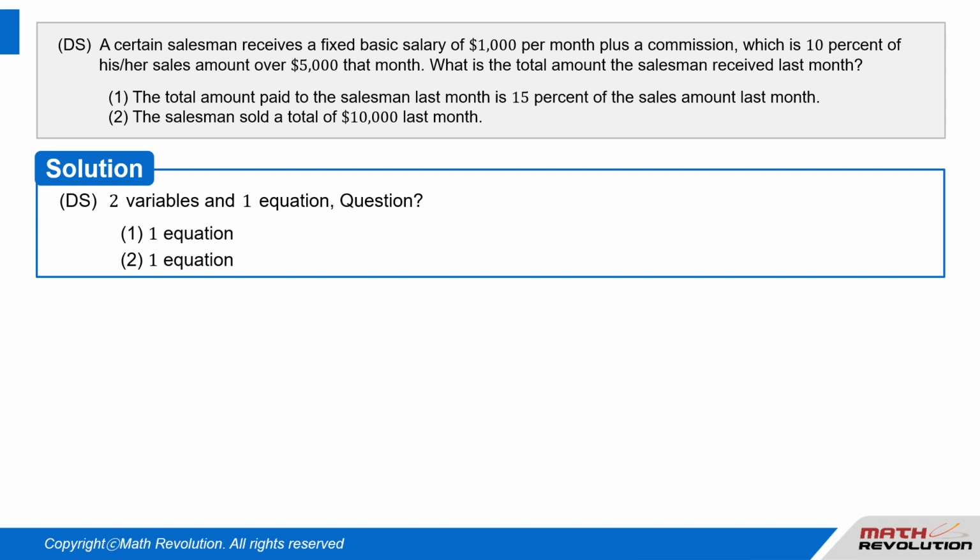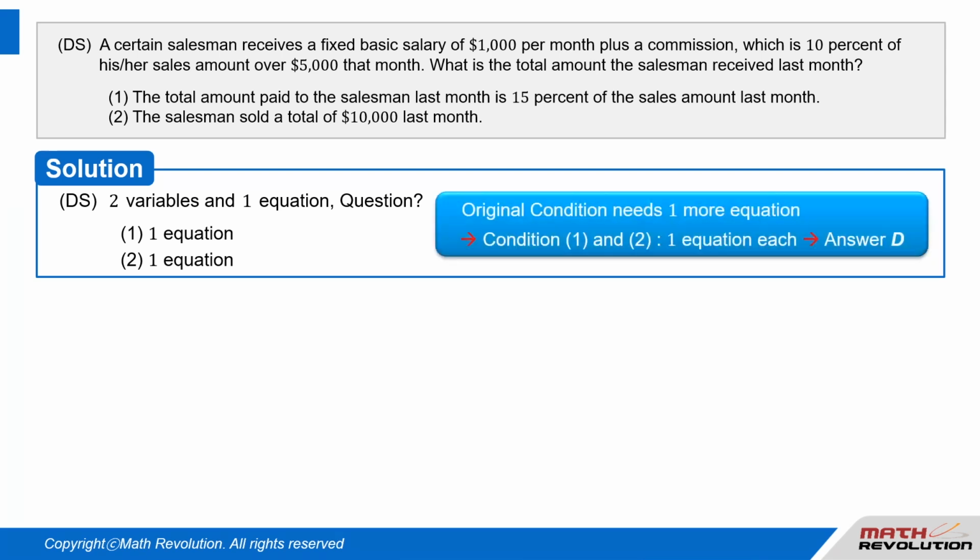Now, 2 variables and 1 equation would generally require 1 more equation to allow us to solve for the value of the variables. We know that each condition would usually give us an equation, and since we need 1 equation to match the number of variables and equations in the original condition, the equal number of equations and variables should logically lead to answer D.